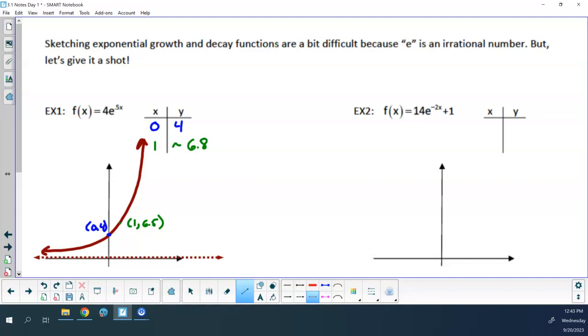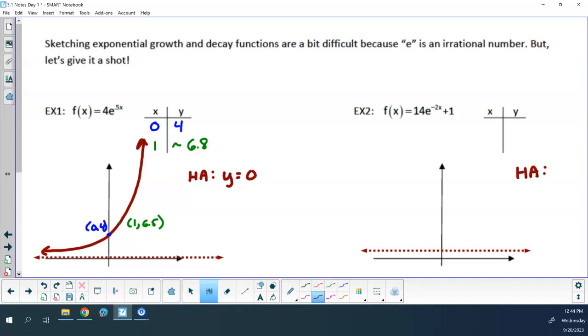What's my horizontal asymptote? Let's start by putting that on our graph. 1 is a number. Y equals 1 is our horizontal asymptote. Is this a growth or is this a decay?